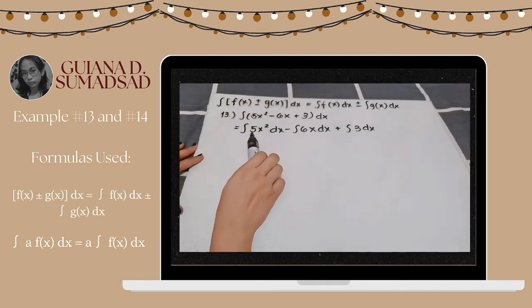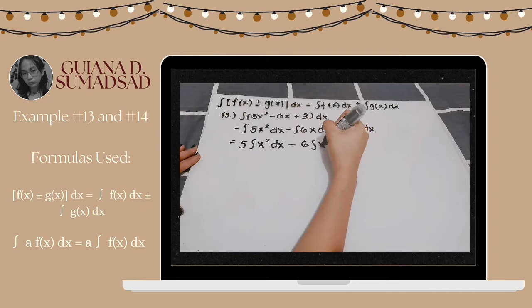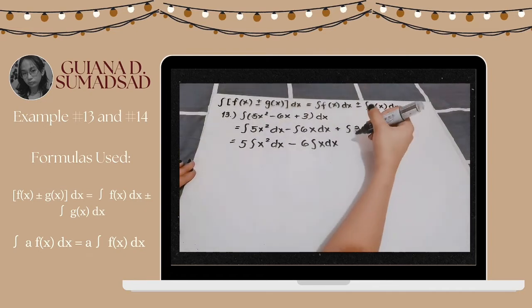So these are the constants, 5, 6, and 3. So it will be 5 integral x squared dx minus 6 integral x dx. Then for the number 3, 3 integral of dx.